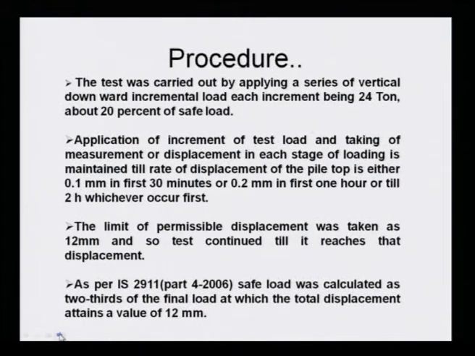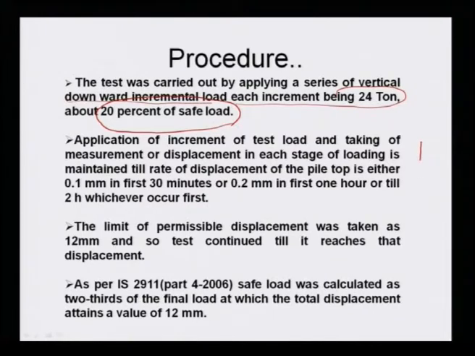Now you see, this is the procedure, just as it is written. The test was carried out by applying a series of vertical downward incremental loads, each increment being in this case 24 ton. In this case, the test I have shown in our geotechnical lab is at 20% of safe load.